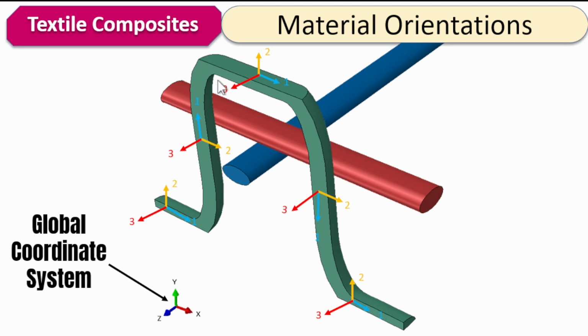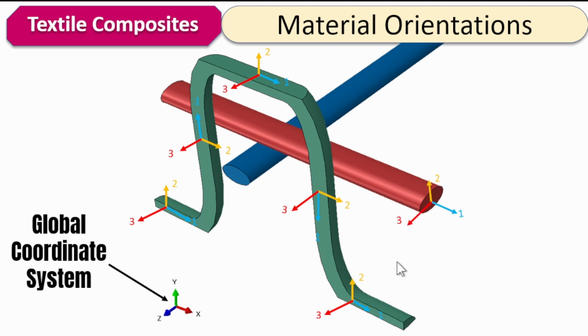The normal axis, which is the 3 axis or the Z axis, continues to remain normal across the material. However, the 2 axis will also rotate along as you travel across the material to the end. So we need to specify a variable material orientation that tracks the movement of this yarn in this direction, with the primary axis acting the way it is.